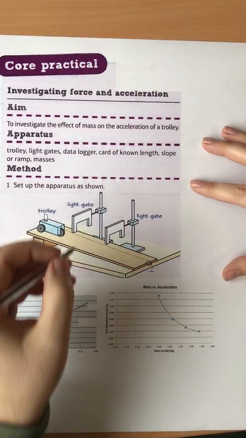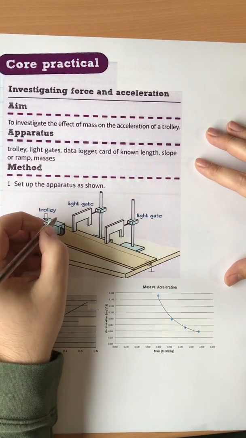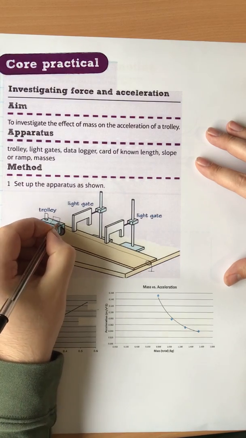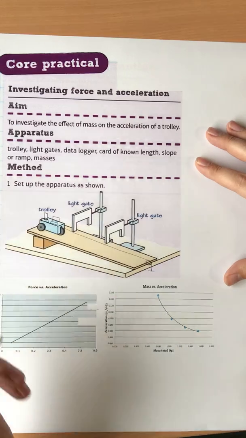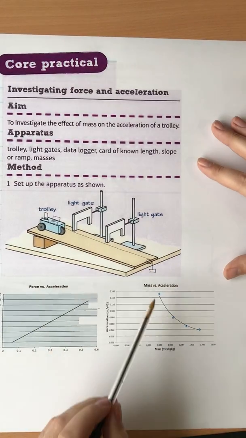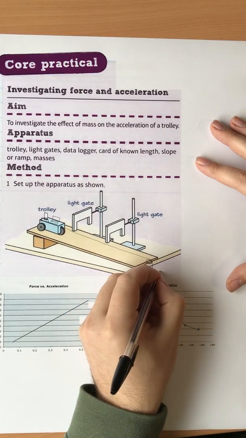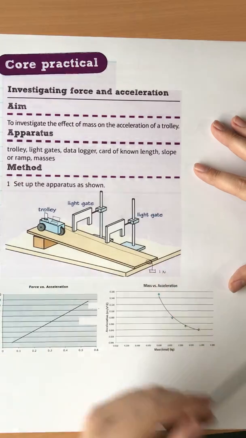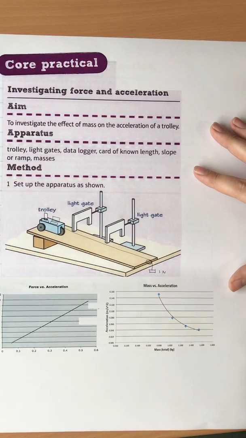You place all the masses on the trolley. So let's say we place 3 masses, 1, 2, 3 on the trolley, and we place 1 overhanging here. Let's say this is a force of 1 newton acting on the trolley. You let go of the trolley, it will pass through the light gates and it will measure its acceleration.